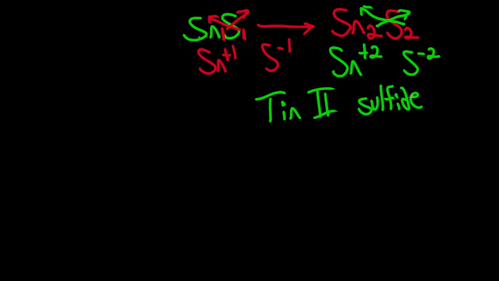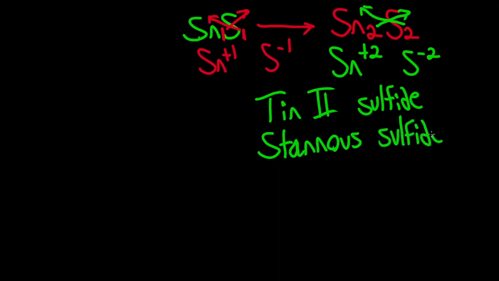Okay, and so another name that I can give this is going to be stannous sulfide. Stannous because it is the lower of the two possible charges for tin. Right? And because it's a sulfide, it's not one of the NCHPs. It's going to have variable hazards.